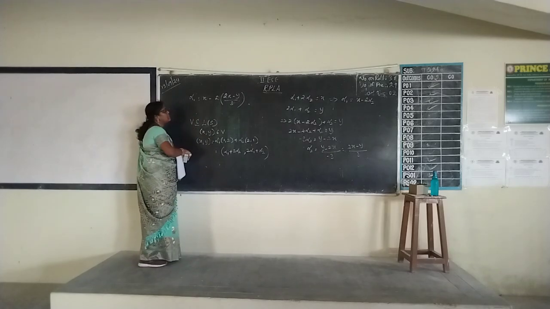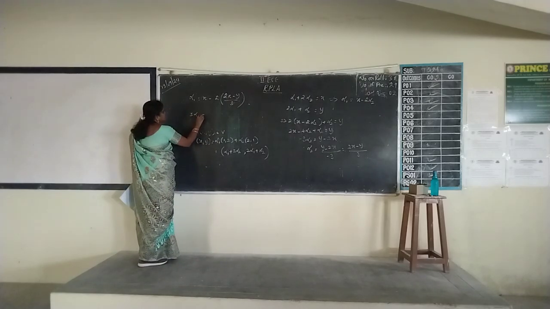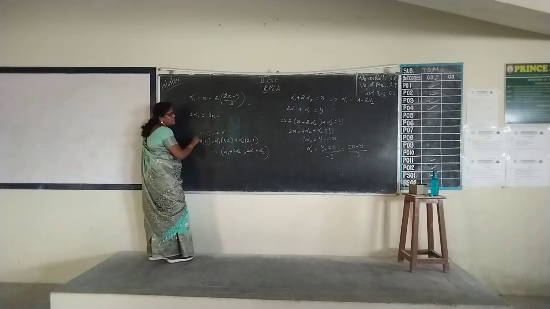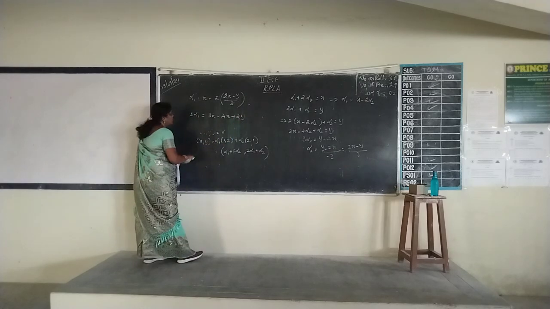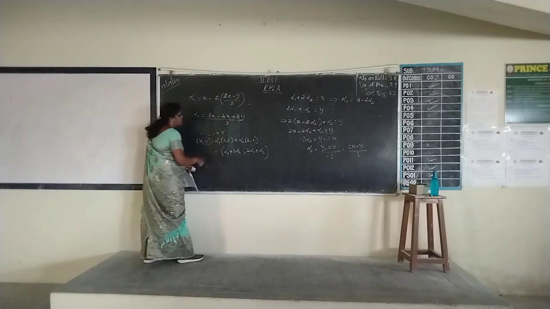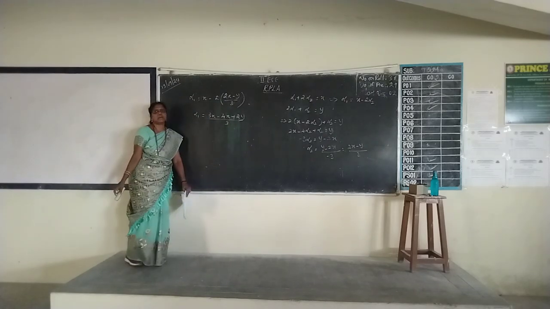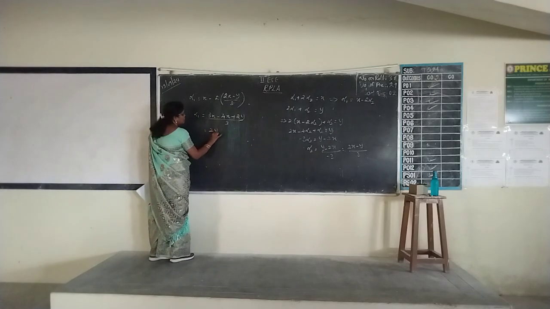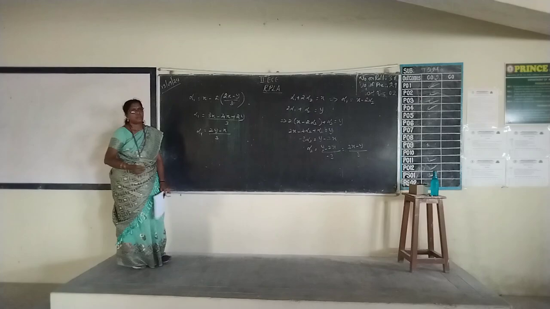So if we take LCM as 3, you will get 3 alpha 1 is equal to 3x minus 2 times (2x minus y), that is 3x minus 4x plus 2y. So what is 3x minus 4x? Minus x. So you will get your answer as 2y minus x by 3. This is alpha 1.